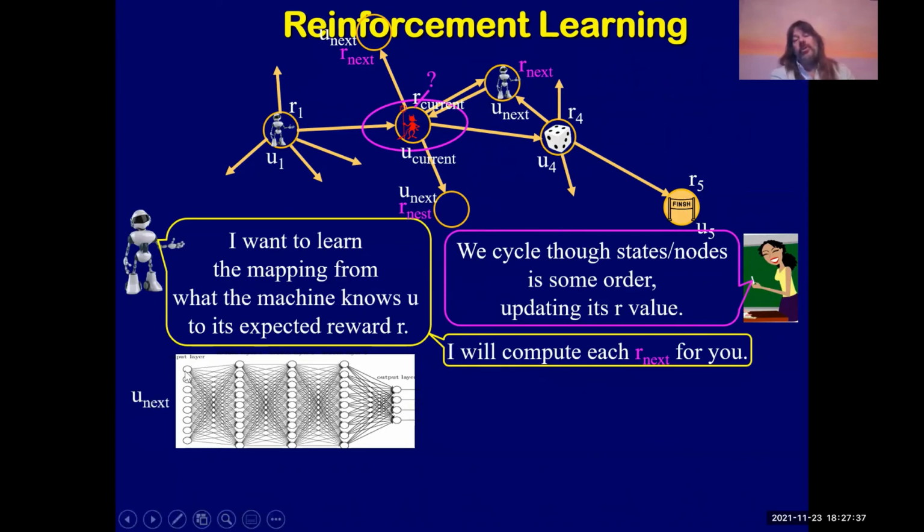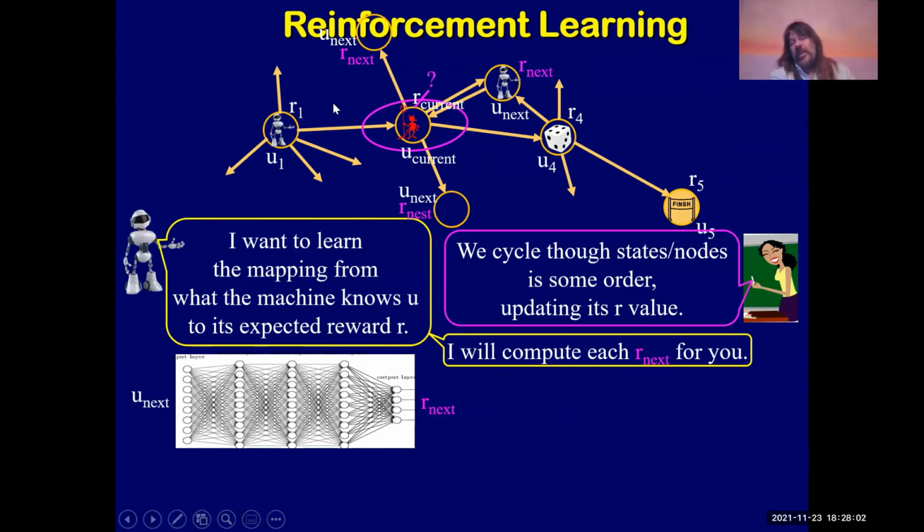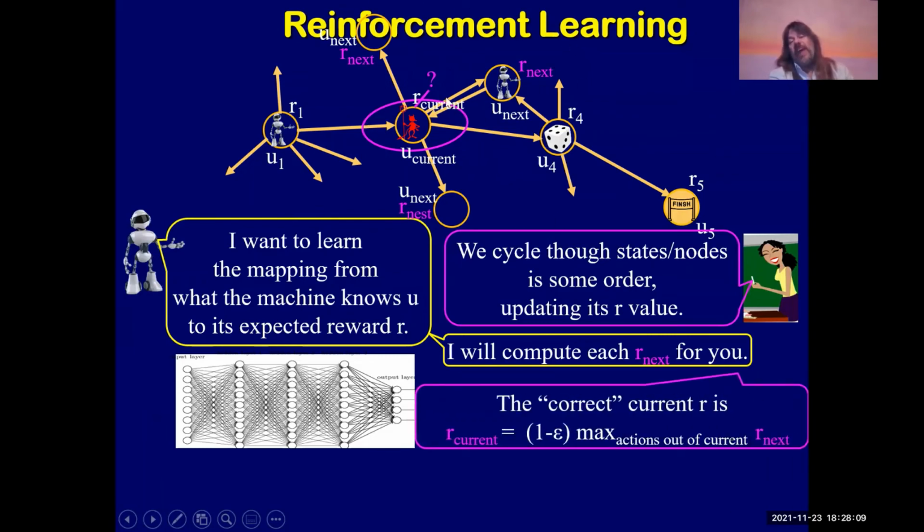So what we will do, our robot will compute all these next R values. How does it compute it? You give it the description of the board, and it will give you the R value of that next node, right? So we use our current machine, the current weights of our machine, to compute our neighbors' R values. Now, what value should be at this node?